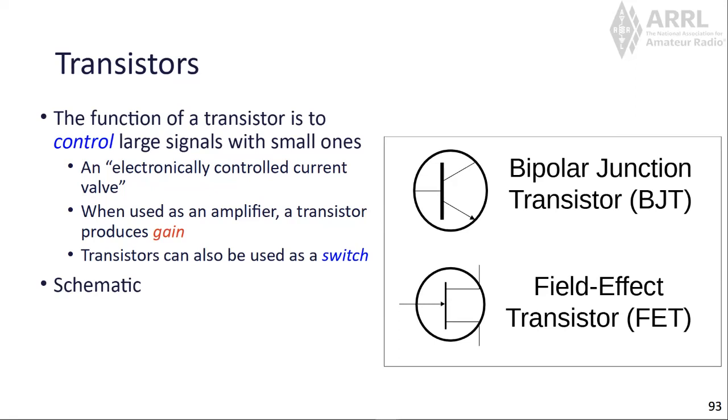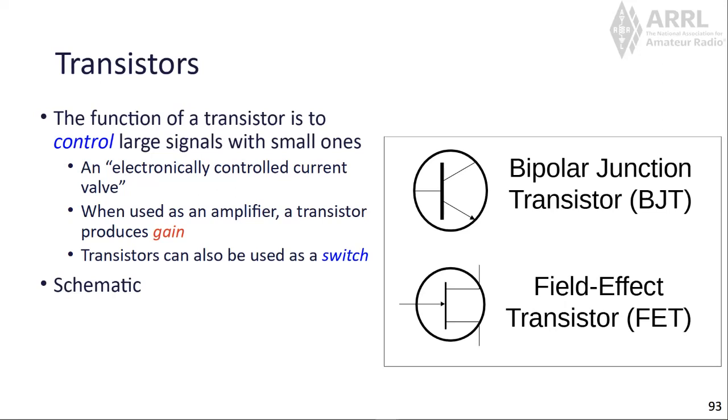They use current coming in this symbol from the left, which would be the base, to control a current going from the top right to the lower right. A small change in the base current causes a larger change in the current from the collector, which would be the top right, to the emitter, which would be the bottom right. So a small signal has a larger effect.